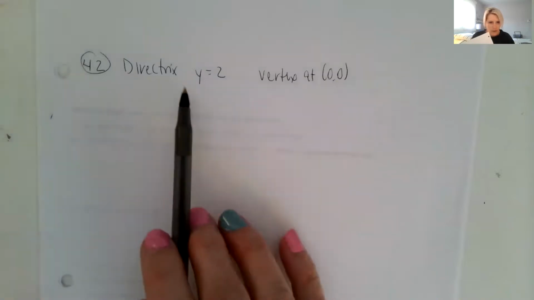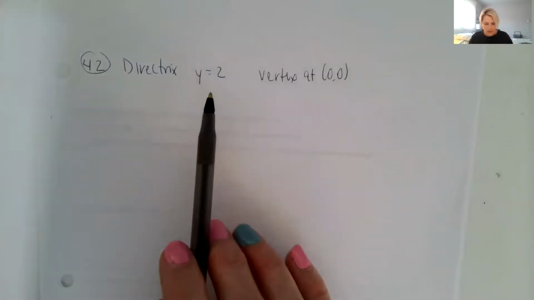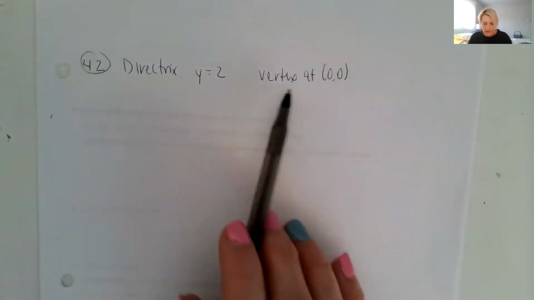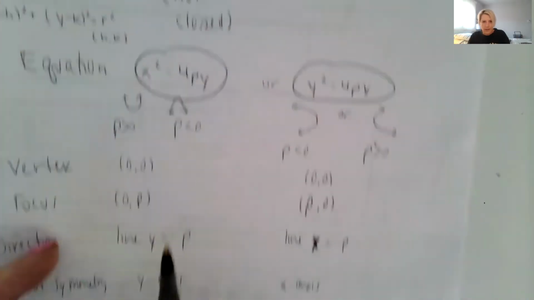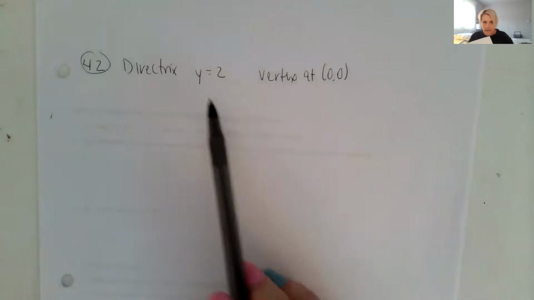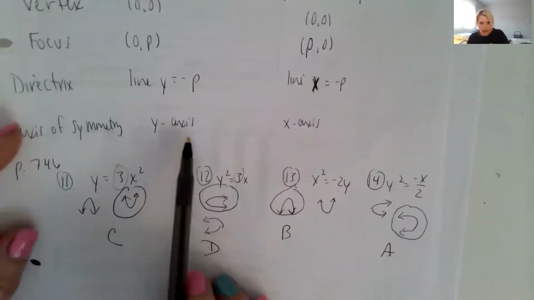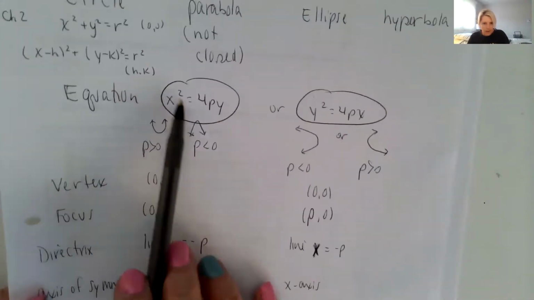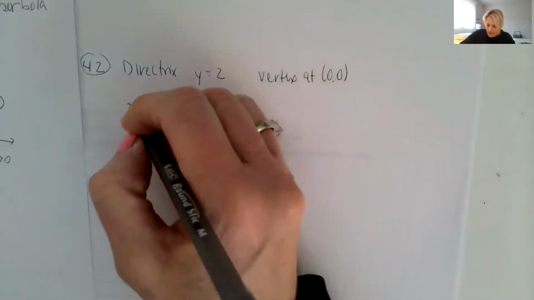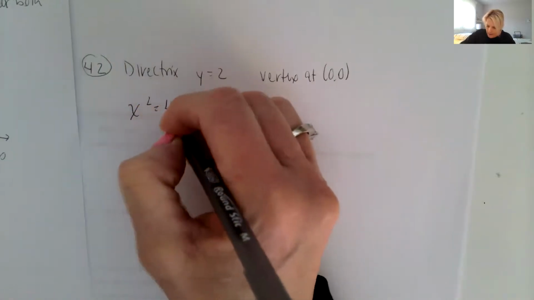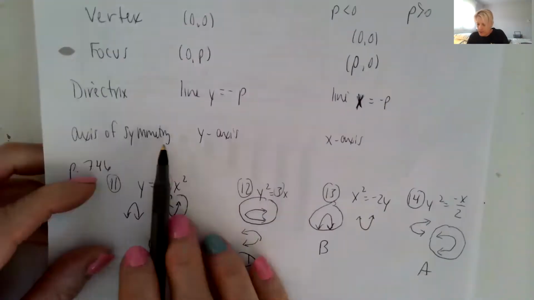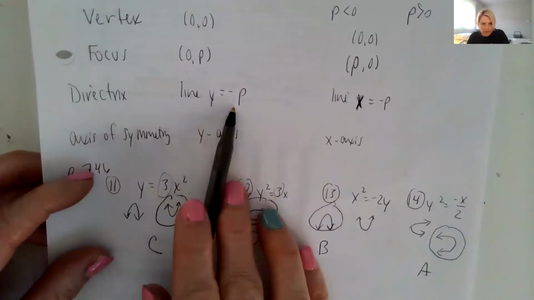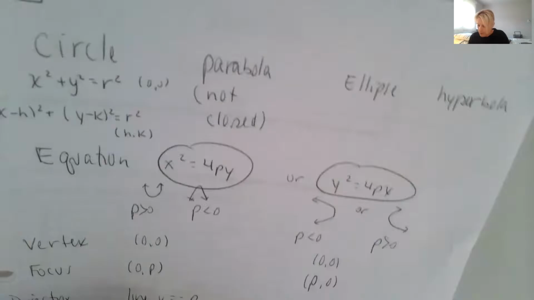So 42 says, we know the directrix is at y equals 2, and the vertex is at 0, 0. So because it's a y equals, it's going to be this format here, because the directrix is at y equals 2.